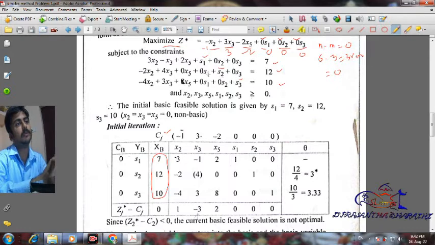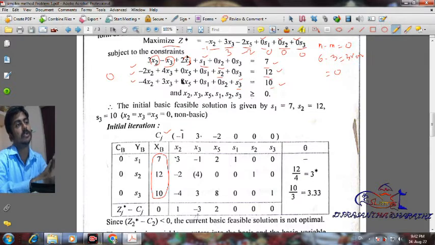We are not taking s1, s2, s3 as 0; instead we take x2, x3 and x5 as 0 in all three constraints. So we get s1 = 7, s2 = 12 and s3 = 10.